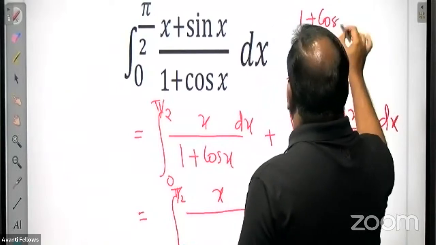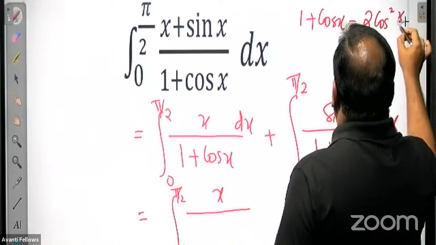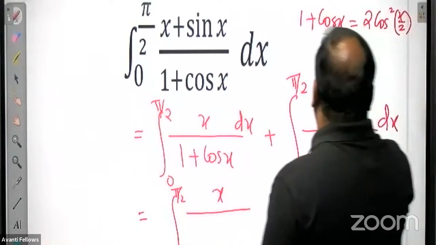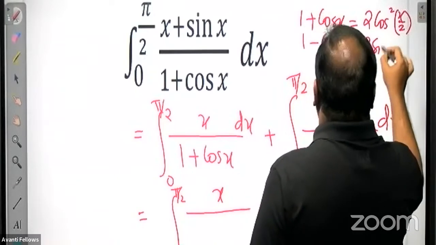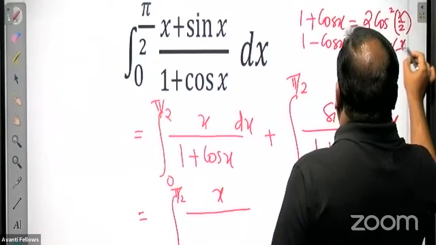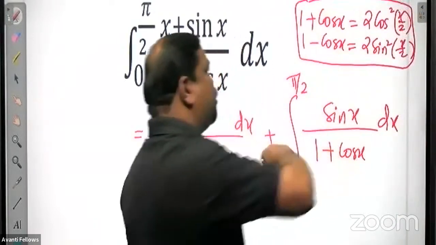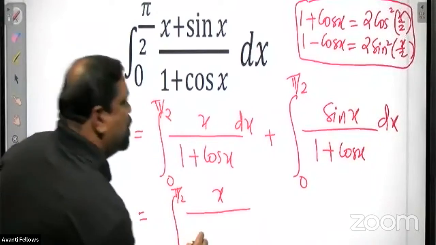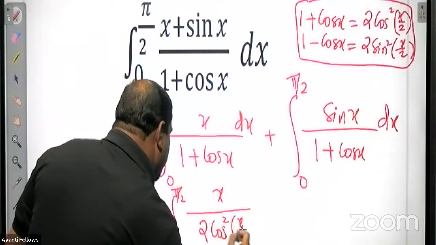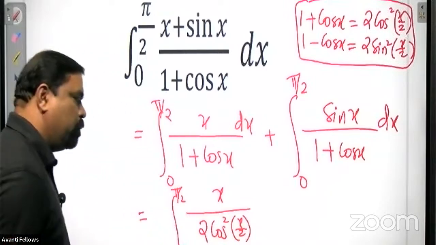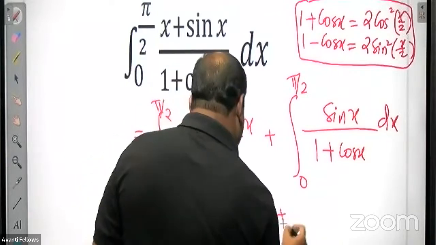Many times we use this, 1 plus cos x equals 2 cos square of x by 2. If it is 1 minus cos x, then 1 minus cos x equals 2 sine square of x by 2. Identities from trigonometry. So 1 plus cos x is equal to 2 cos square x by 2, dx, plus the second part also.